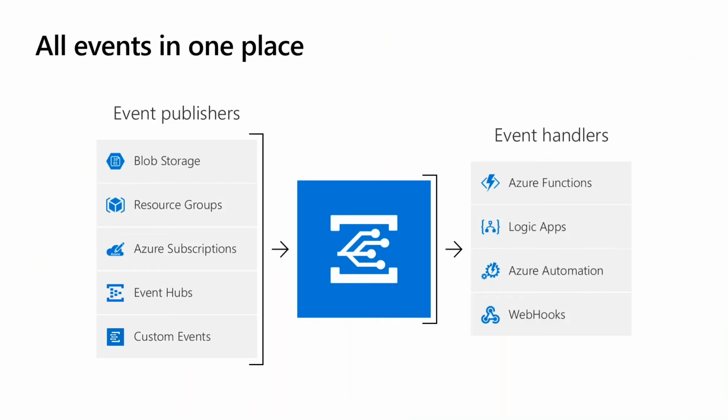So as I mentioned before, you've got event publishers. In this case, we've got blob storage, but you can also use other things and custom events as well. And what happens is the handlers will then call Azure Functions, logic apps, and things like that. The example I used earlier, and this is the most common example, is you've got an application.